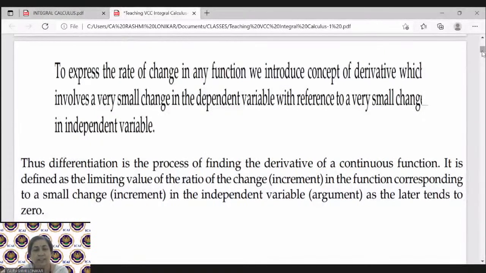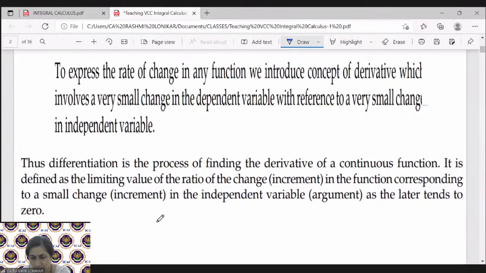It is defined as a limiting change, the limit of the ratio of change in the function corresponding to a small change, also called increment, in the independent variable or argument, as the latter tends to 0. That's why in the formula we said limit delta x tending to 0. This is what we did in derivative.